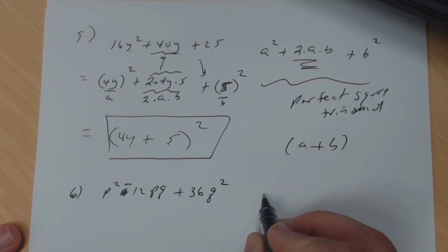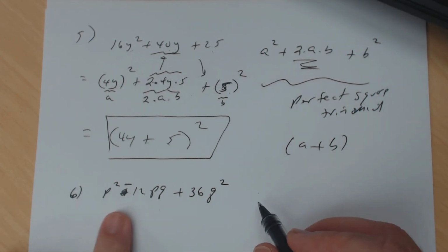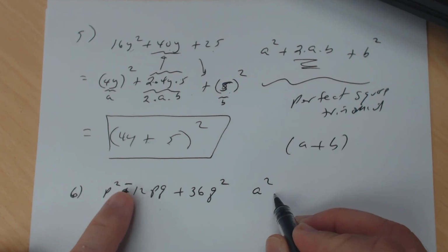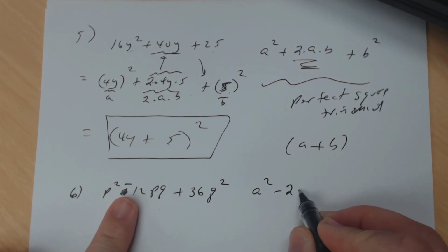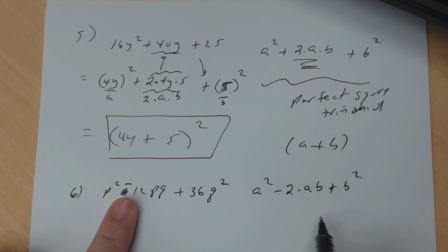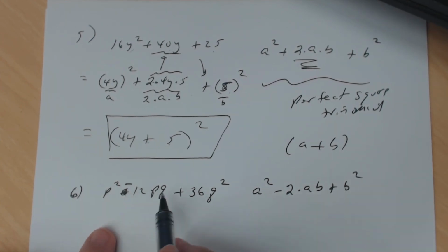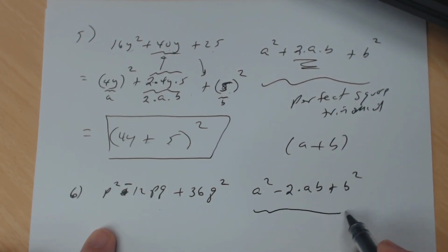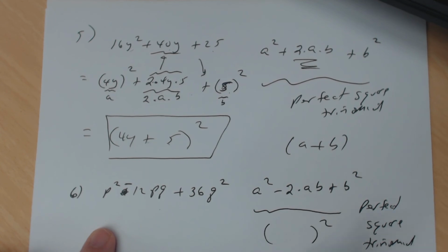So if I can write this so that it looks like a squared minus 2ab plus b squared, then I can write this to make it look like this. Then this right here is a perfect square trinomial, which means I can write it as a binomial squared.